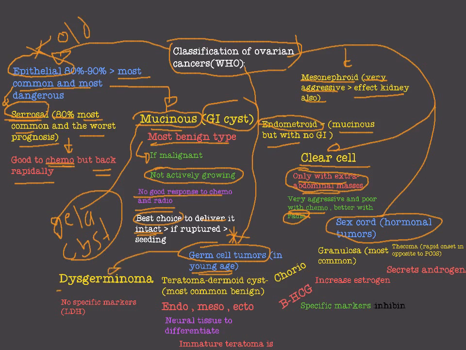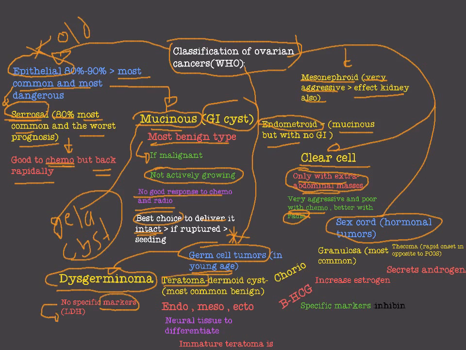The first one is dysgerminoma. Dysgerminoma has no specific tumor marker, but LDH is the tumor marker of dysgerminoma, though it is not specific to it.